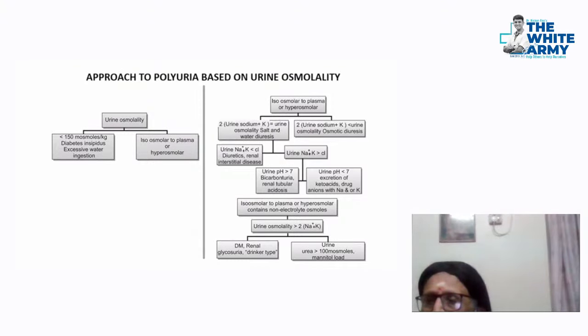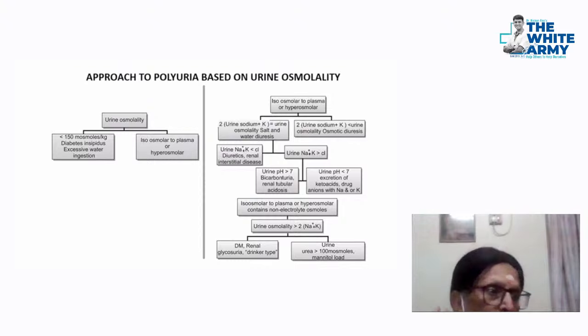So we earlier said there are a few causes which can do that. So go through the list and exclude one by one. If somebody has a urine sodium plus potassium less than urine osmolality, then measure urine chloride.